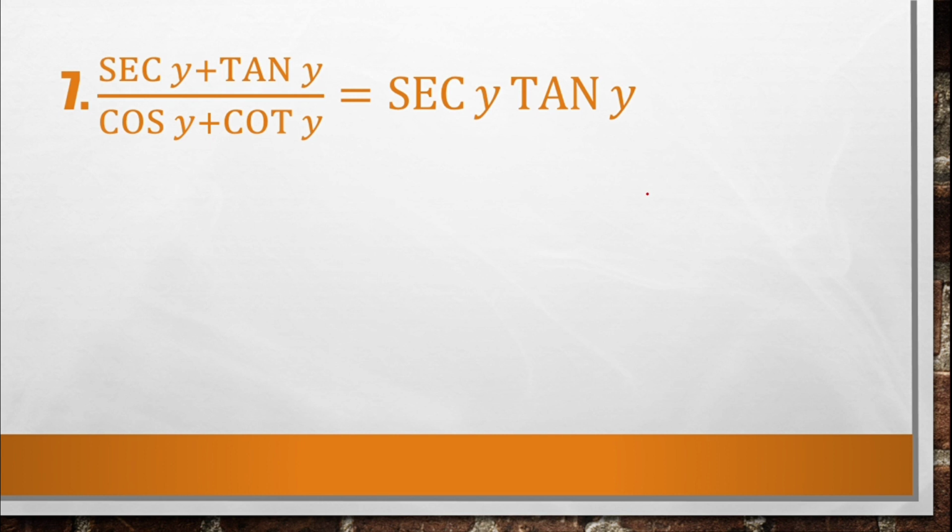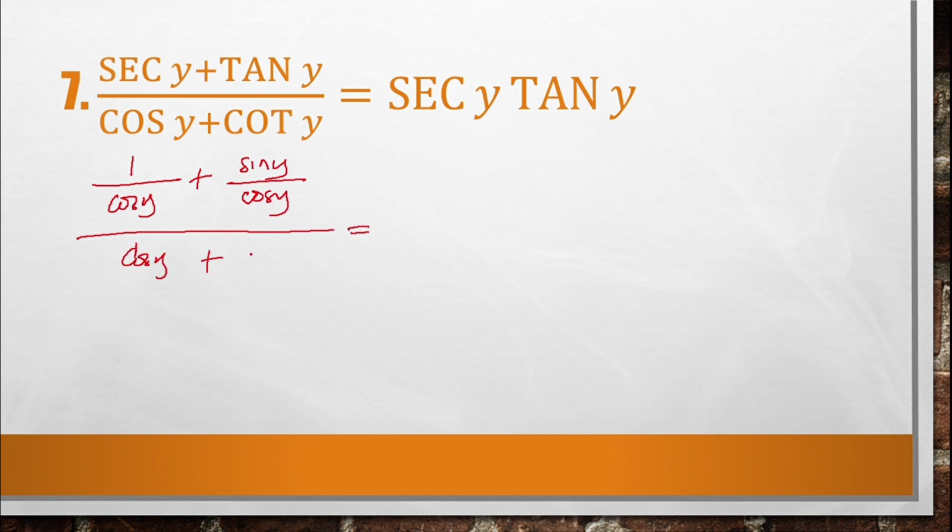One thing that we're going to do again is express all these terms in cosine and sine: 1 over cos y times sine y over cos y, over cos y plus cosine y over sine y, is equal to sec y tan y.